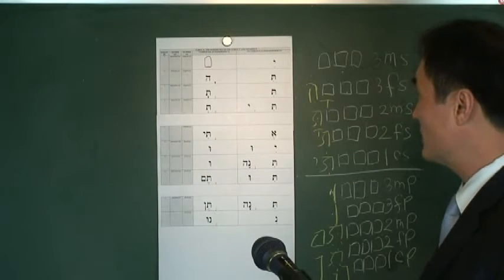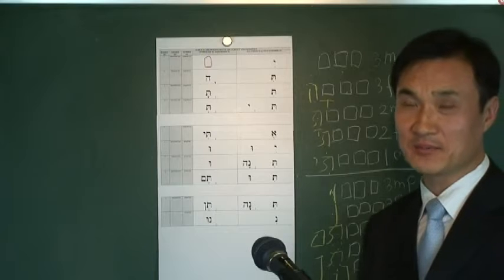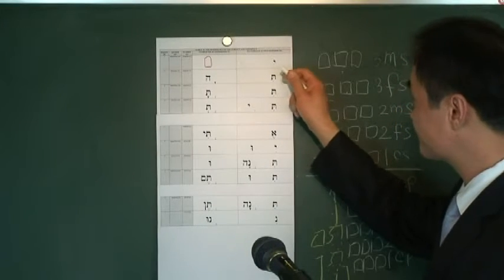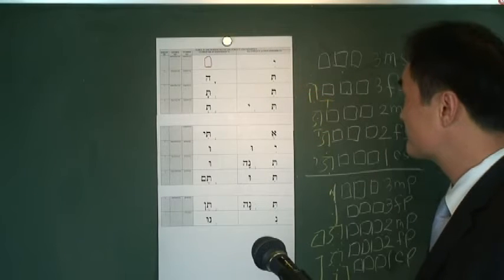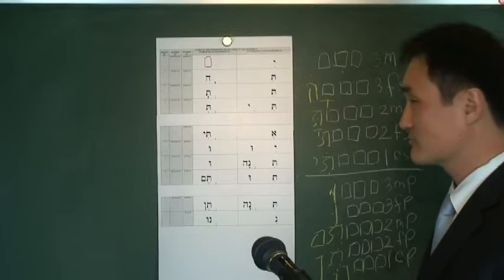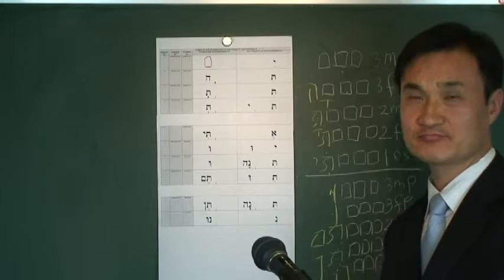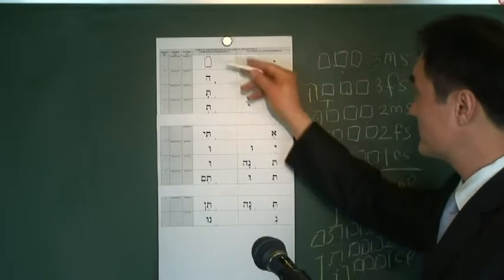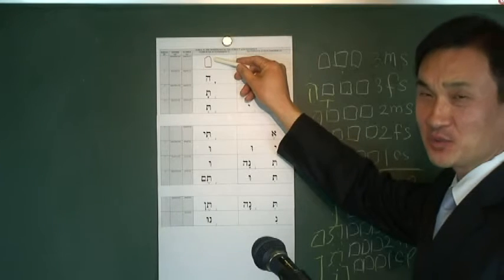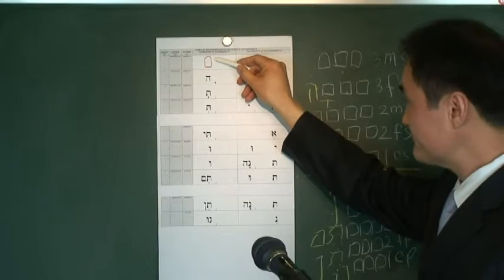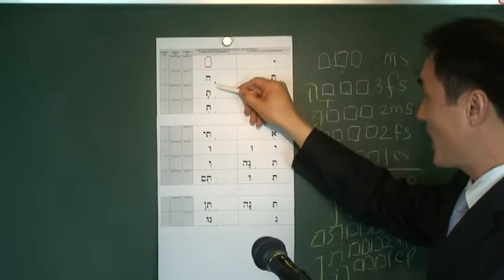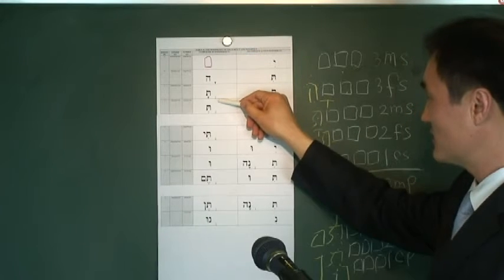Now let's recite the suffixes of the perfect form of verbs of the Hebrew kal stem. Let's begin with the third person masculine singular.